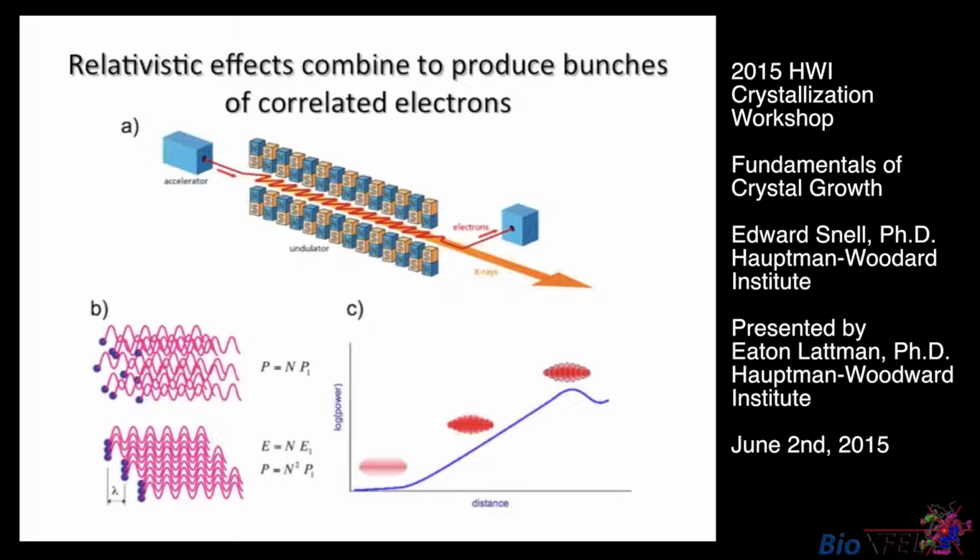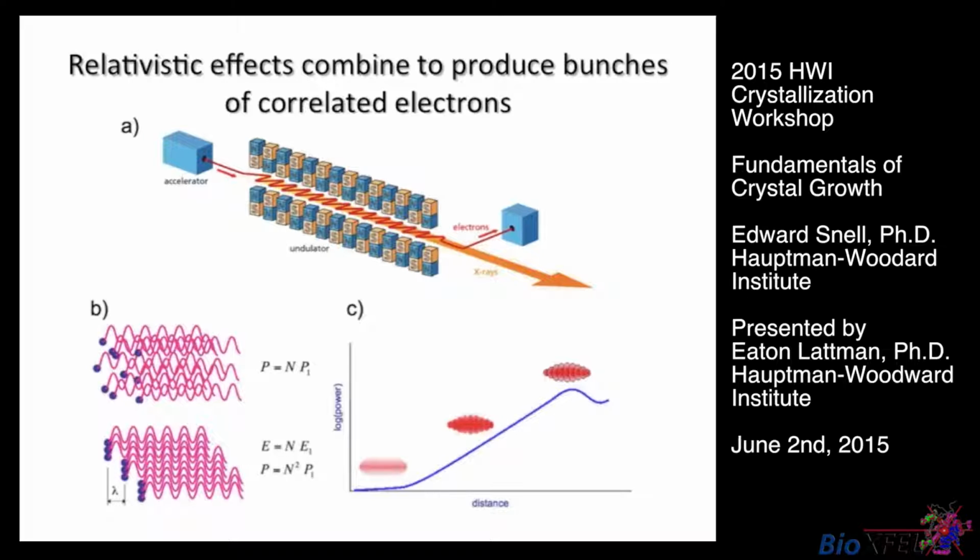So the result of this breaking up into microbunches is that the waves emitted by the various bunches of electrons in the bunch become coherent and superimposed. And you get a much higher power density because they all radiate in phase.